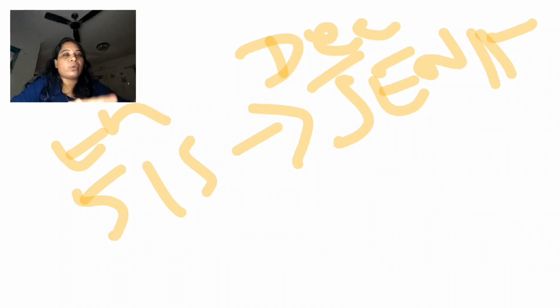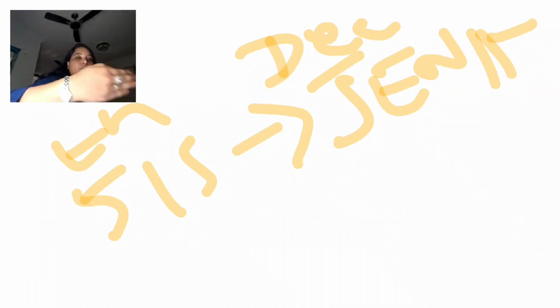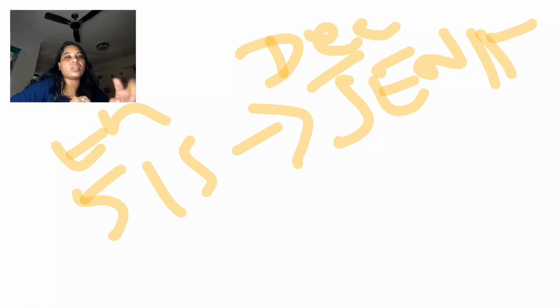So 515 is my message that I'm going to send to my higher official. He will decrypt the code. So this is my code 515, then the answer is Jennifer. He will understand who sent this message to me.